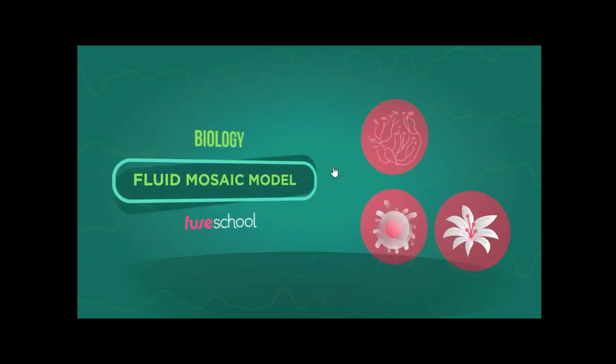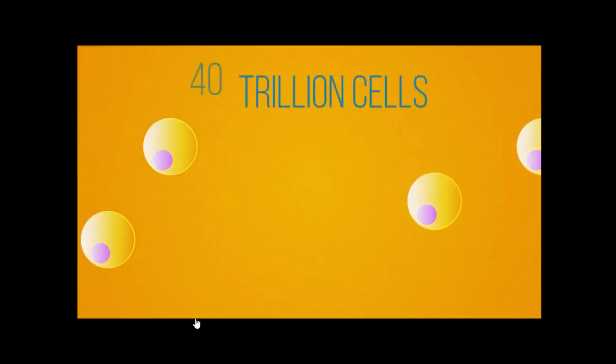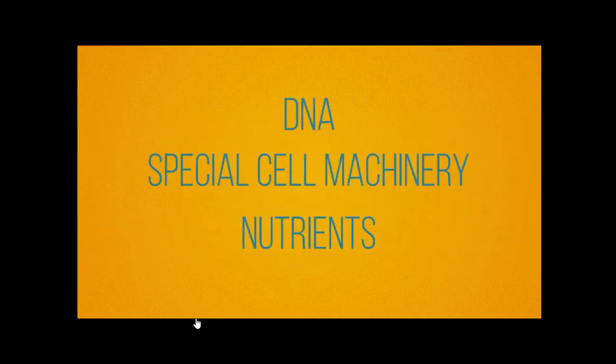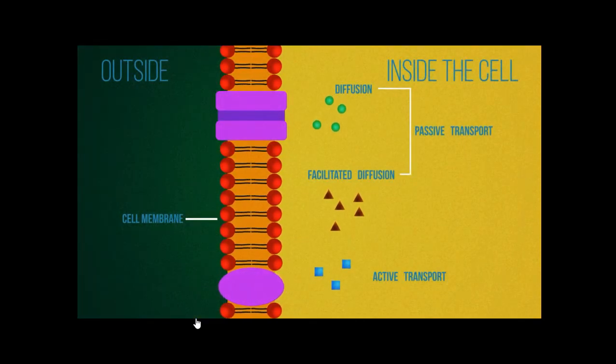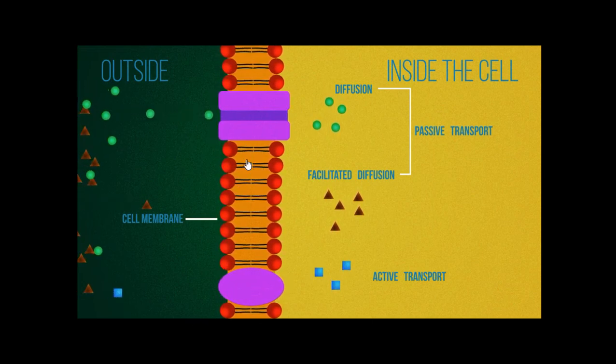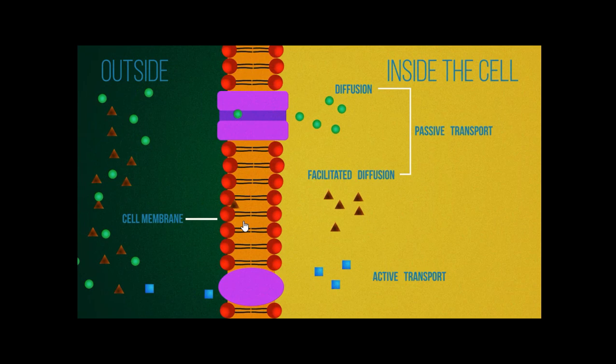See, here you can see the fluid mosaic model of the plasma membrane. So there are so many cells in our body, and all of you know the DNA is the special cell machinery. This is the plasma membrane. See, the fluidity of the plasma membrane.